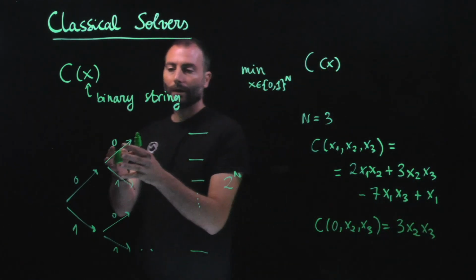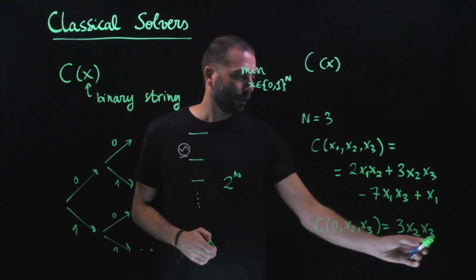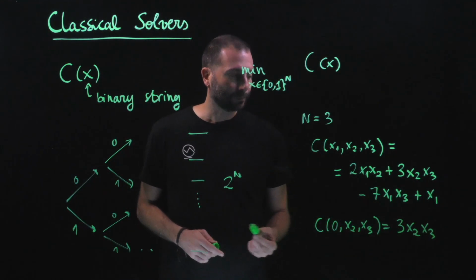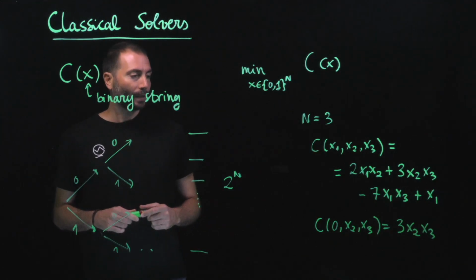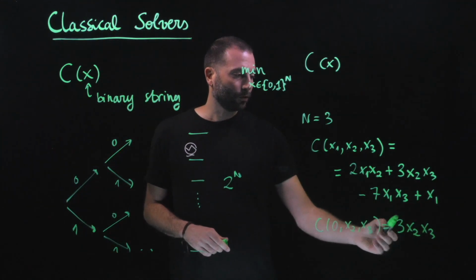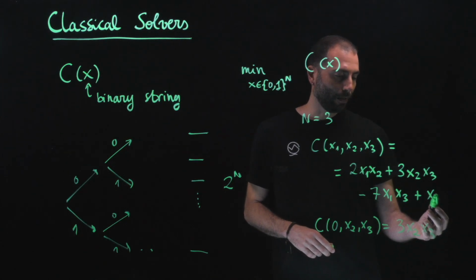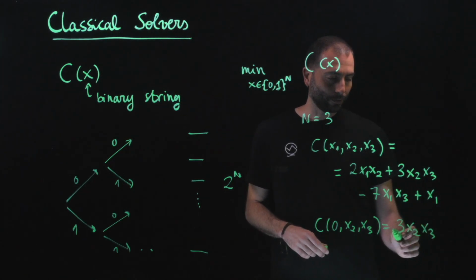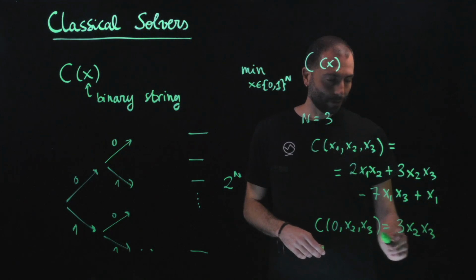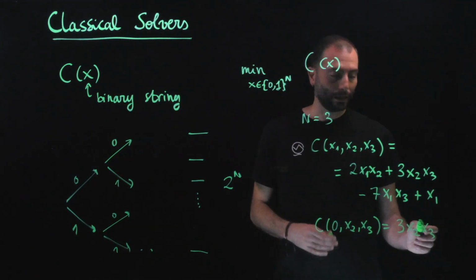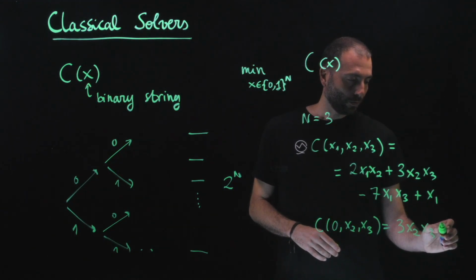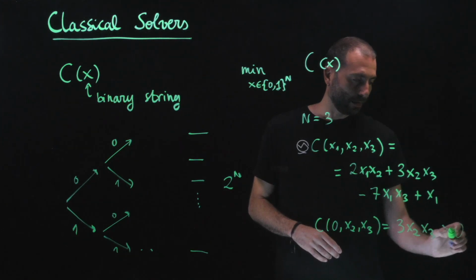In the rest of this tree, we should only use this simple expression. But there is also another thing: we know that this expression, if we're interested in minimizing, is lower bounded by 0.